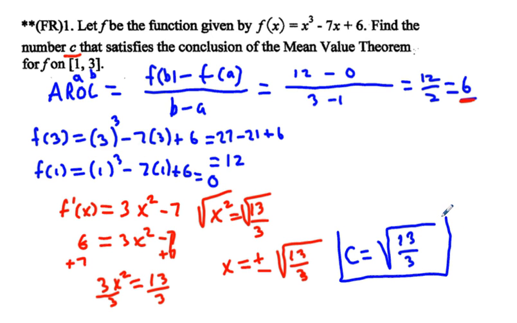And this is where the slope is going to be 6, which is the AROC. So it's where IROC equals AROC, and that will be at the point where x equals the square root of 13 over 3.